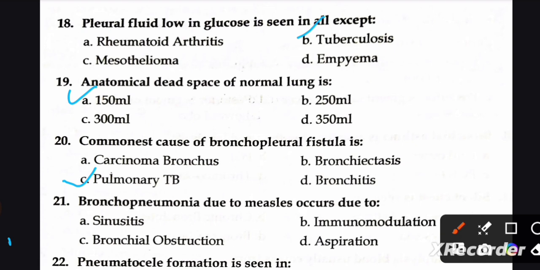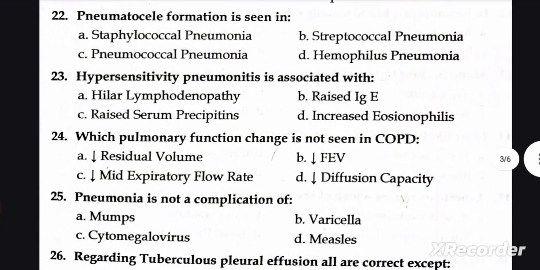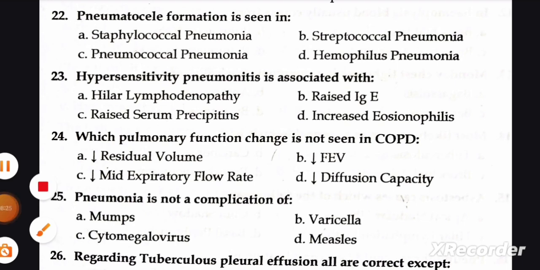Next question is: bronchopneumonia due to measles occurs due to A. sinusitis, B. immunomodulation, C. bronchial obstruction, and D. respiration. The right option is B. immunomodulation. Next question is: pneumatocele formation is seen in A. staphylococcal pneumonia, B. streptococcal pneumonia, C. pneumococcal pneumonia, and D. hemophilus pneumonia.